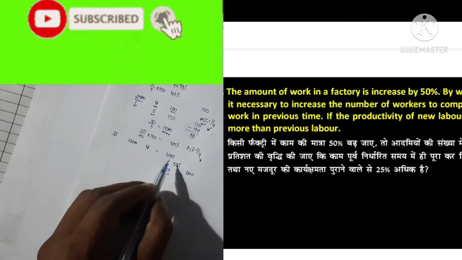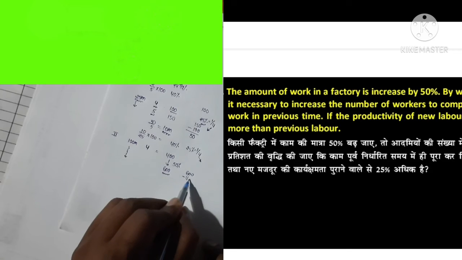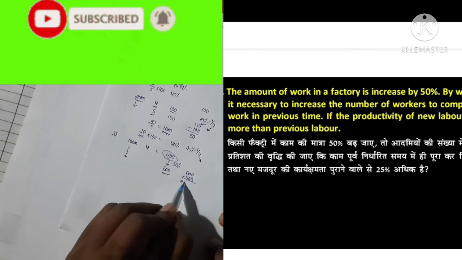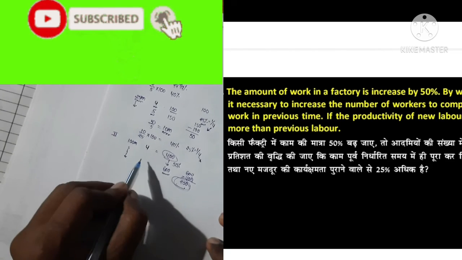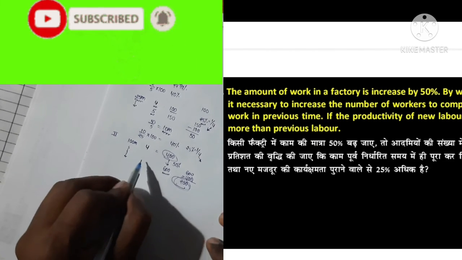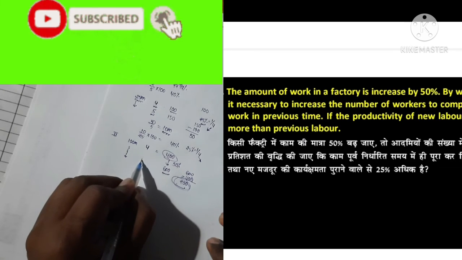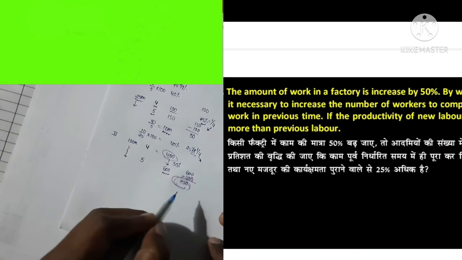So out of 600, 100 men complete 400 work. So remaining work is 200. This 200 work is completed by new labor, whose efficiency is 5, increased by 25%.